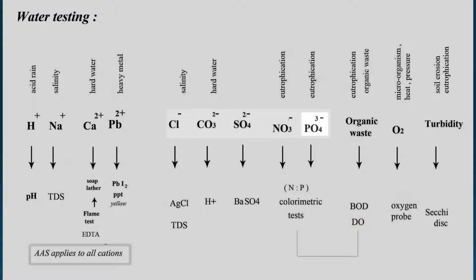This is the typical example. To test organic waste, do the same as you test eutrophication. Where do you commonly test for organic waste? City areas. Again, it will be high in BOD and low in dissolved oxygen.